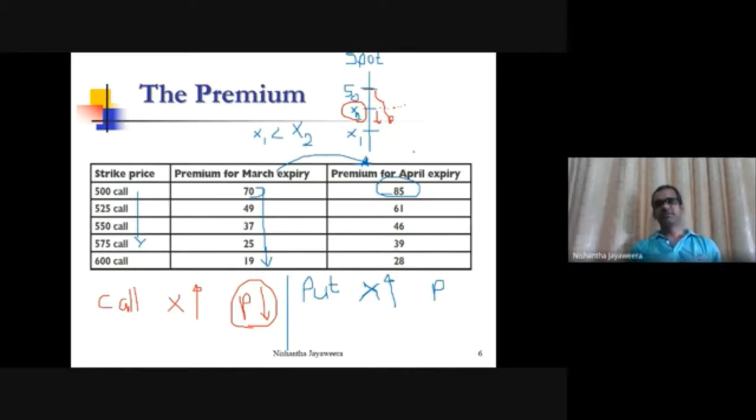Which option, with a strike X2 or with a strike X1, should have the high premium?